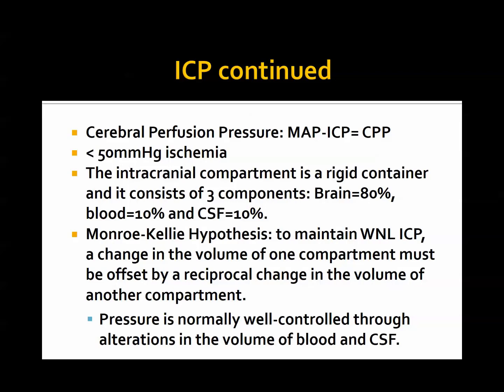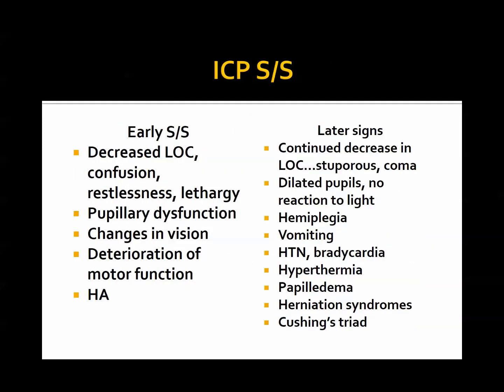But if you did have something where your blood volume, for instance, maybe you had some vasodilation, then normally our body would take care of that by decreasing the CSF. So it just balances itself out without any difficulty. Not so much when you have an injury to your brain.